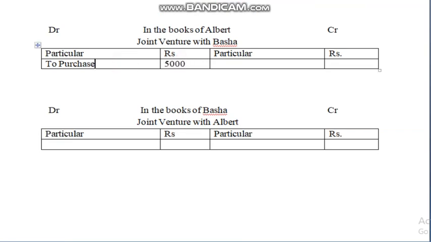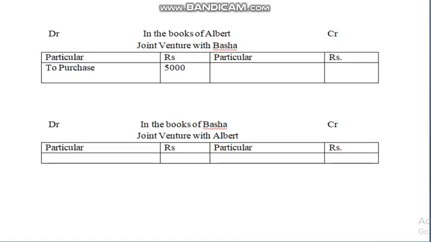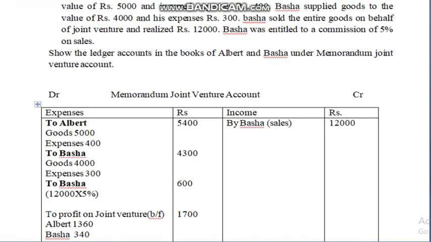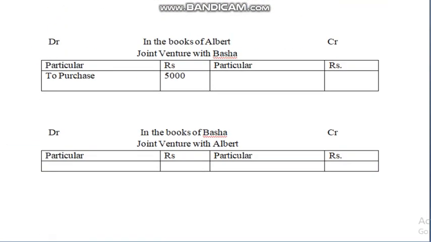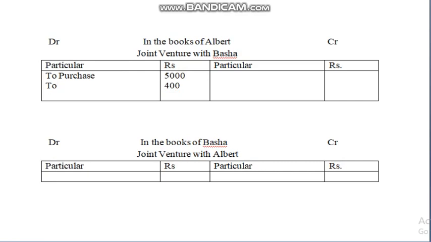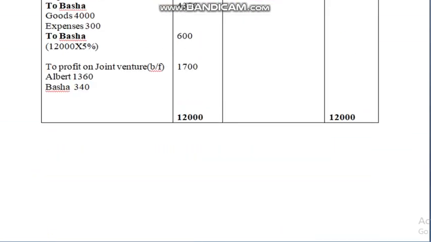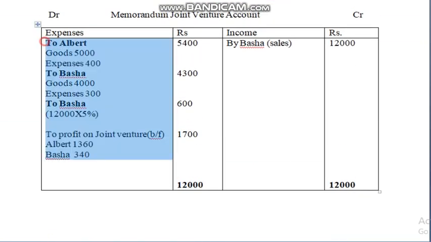And then the next one, expenses, 400 rupees. Expenses should be credited with cash or bank. So to cash. The first transaction relating to Albert is over.